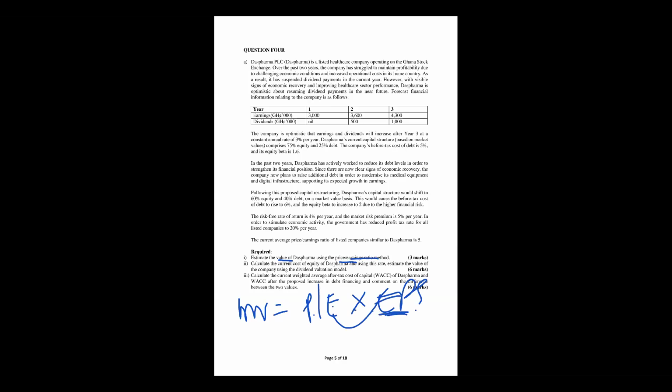If there is no earnings per share, I have to go and find it. What is earnings per share? Total earnings, which is profit after tax minus irredeemable preference dividend, all over the number of shares. It's formula work. You get the formula right, you know where to pick the values and plug them into the formula, you are good to go.